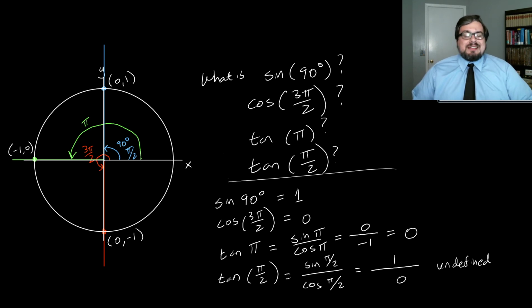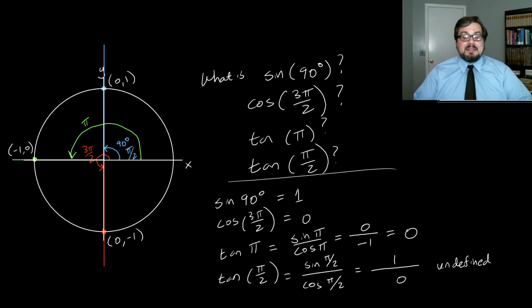It turns out that sine and cosine are defined for all real numbers that you could put into them, because you can always find the x-coordinate and the y-coordinate of the point on the unit circle where the terminal edge of the angle intersects it. However, the other 4 trigonometric functions all involve ratios that have something in the denominator.